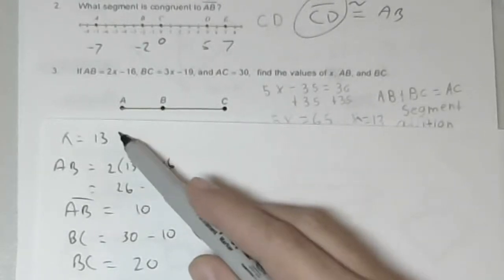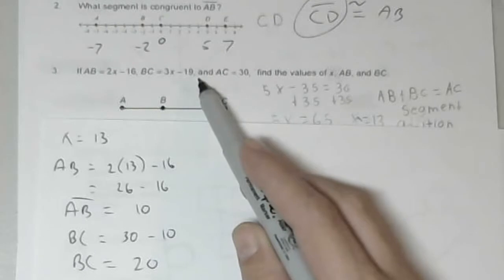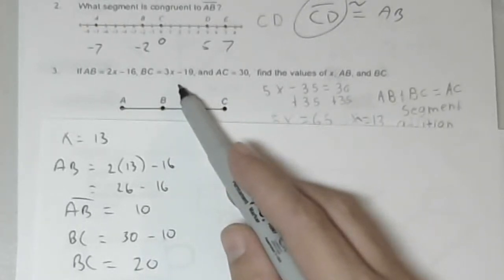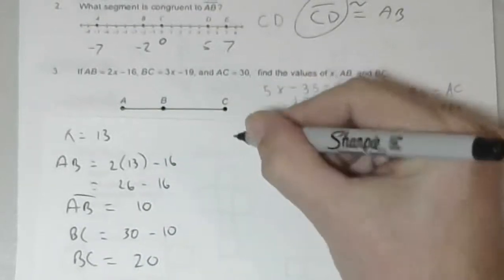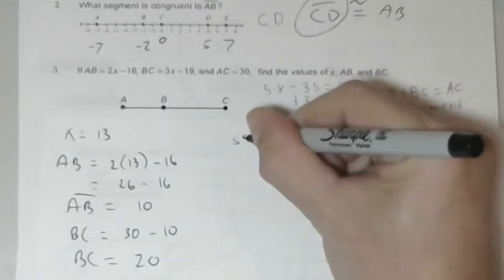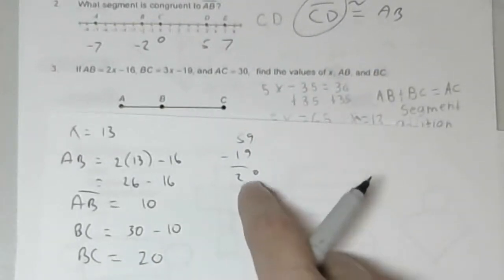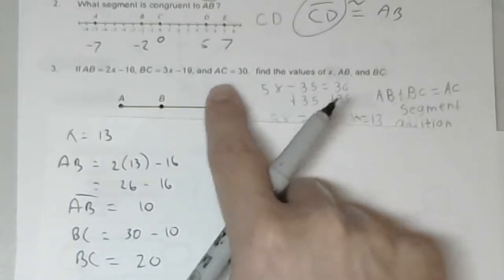I could also put 13 into 3x minus 19: 13 times 3 is 39, minus 19, is 20. You get the same answer.